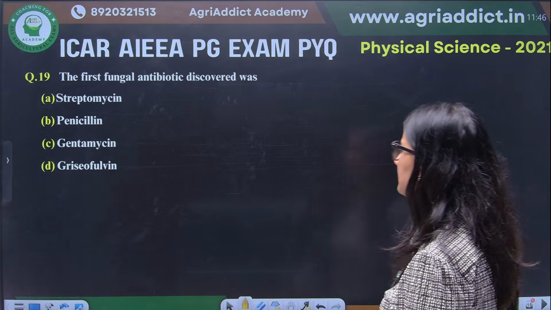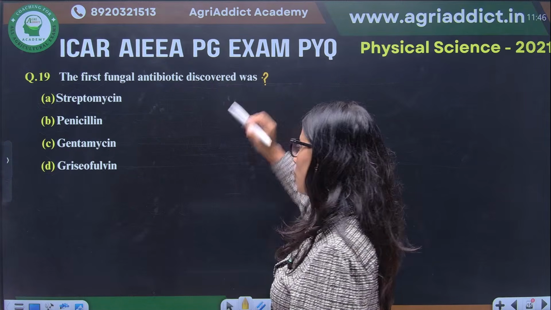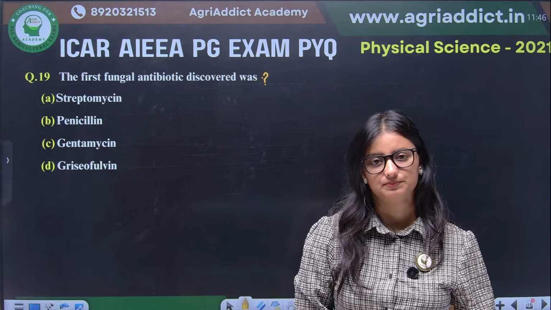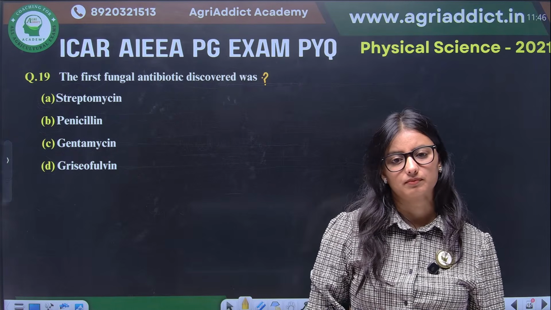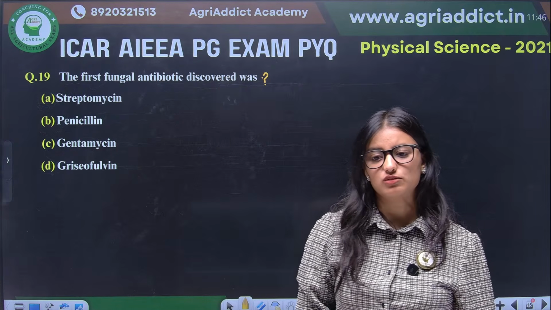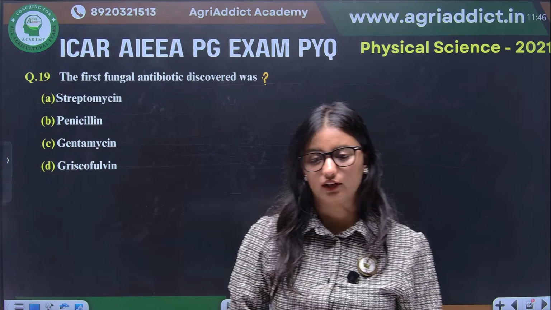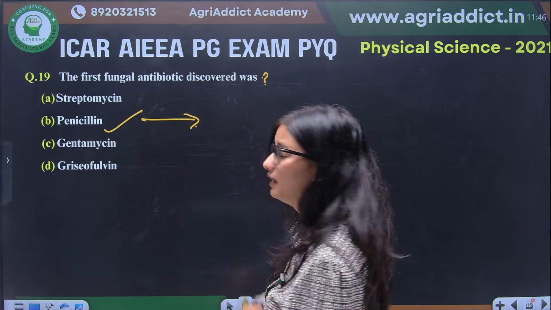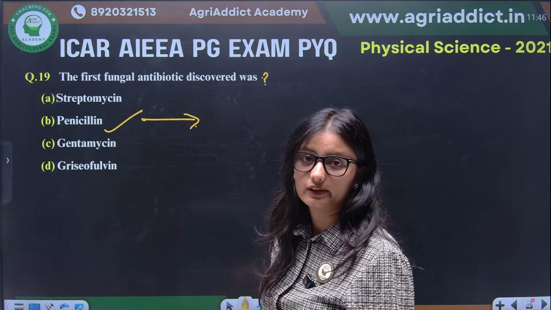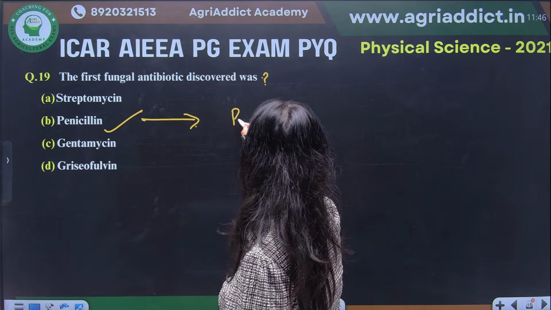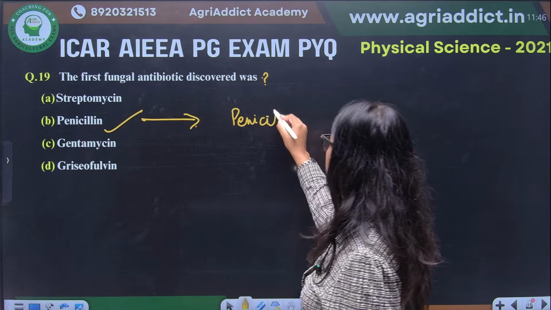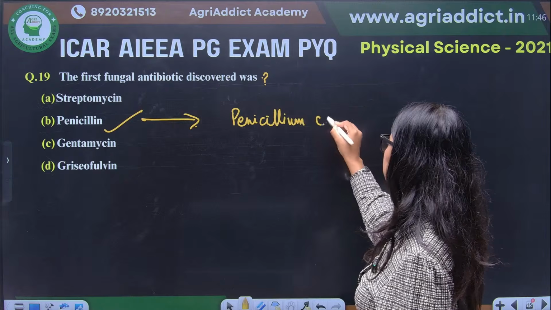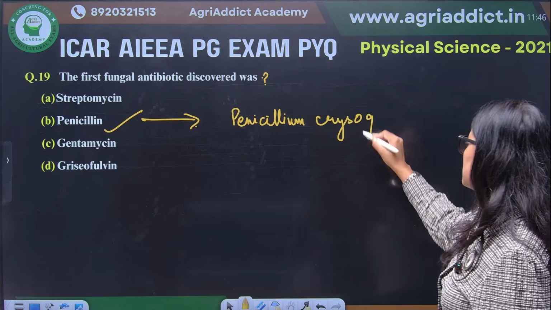The first fungal antibiotic discovered was? Yes, very good. Z is a summer crop. Very good. B, yes, penicillin. It was obtained from which fungus? Penicillium chrysogenum.